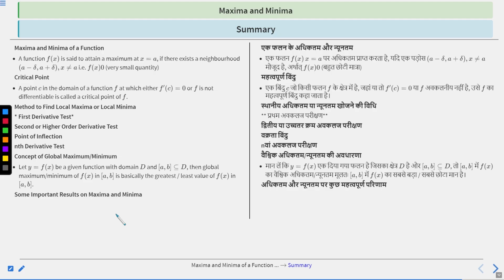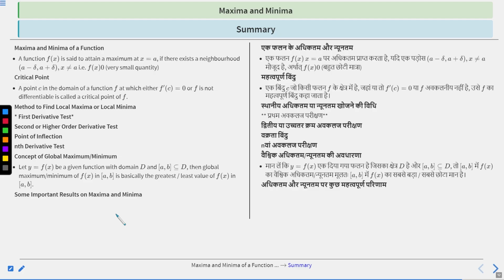Hope you understood the concept behind maxima and minima, right? The main thing in maxima and minima is that we first find f'(x), and after that we put f'(x) equal to 0. And after that, we apply different tests, that is the first order derivative test, second order derivative test, till the nth order derivative test, to find out whether the critical points we have obtained are maxima or minima.